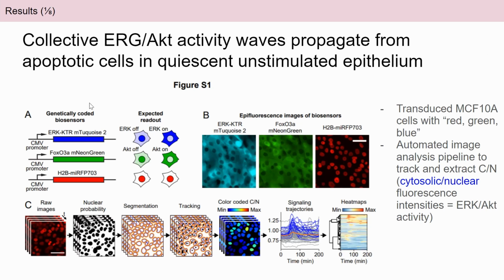As seen in panel A, they transduce the cells with the ERK and AKT biosensors, and also H2B, the histone 2B marker, into the cell, so they can observe it in real time. After induction, they can immediately see the activity of these biosensors using the machine.